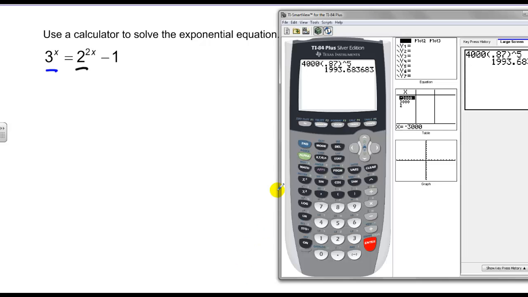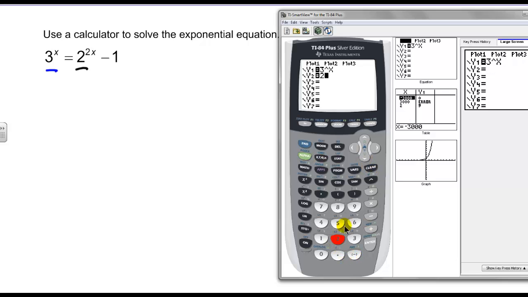And the way we're going to use this calculator is we're going to take and graph the two exponential functions. So my first exponential function, y1, is going to be 3 raised to the x power. In my second exponential function, I have 2 raised to the, this whole power has got to be in parentheses, so 2x power.